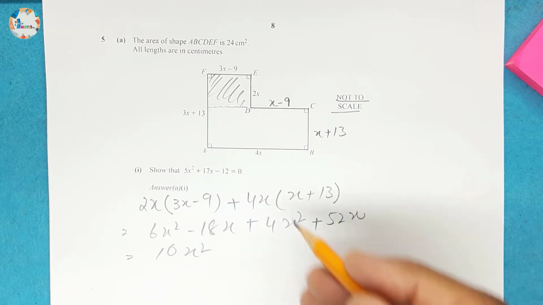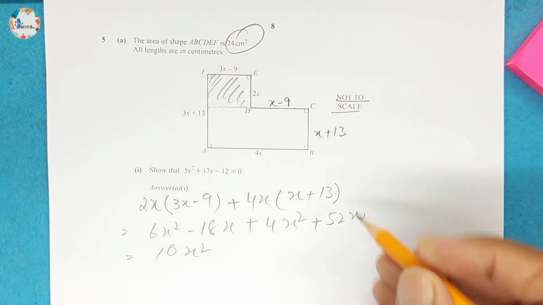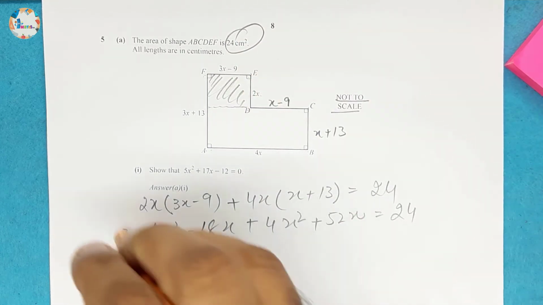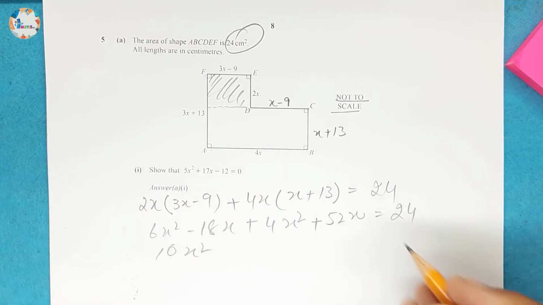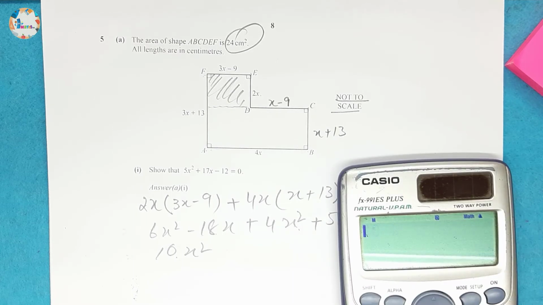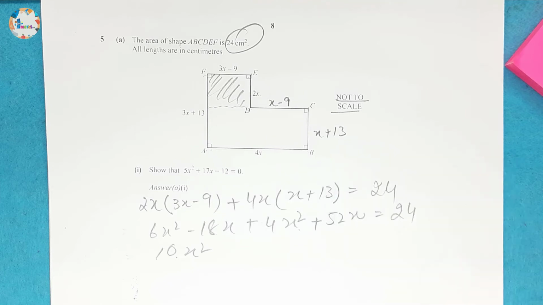So area, it's given in the question that it is 24, so we can write it equal to 24. We move 24 to this side. So now 6 plus 4 is 10x squared, and minus 18 plus 52 will be equal to 34, so plus 34x, and minus 24 is equal to 0.